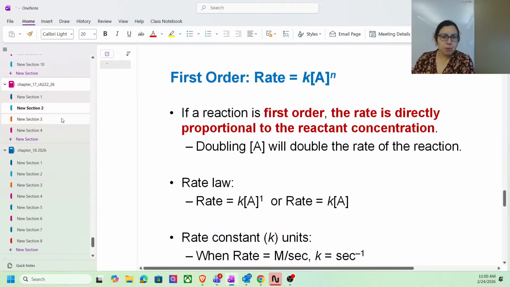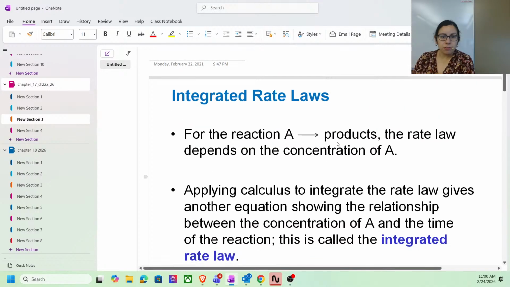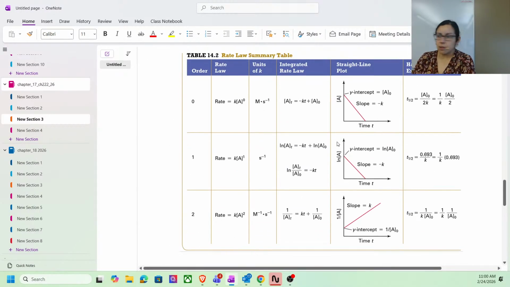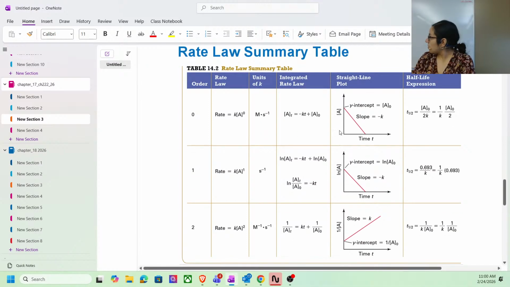I tried to print out what I call the cheat sheet for chapter 17. I printed out this rate law summary table, which is basically all you need to know for chapter 17. It summarizes the order, what that means, your units of k, which is helpful, your rate law, and then the half-life expression.